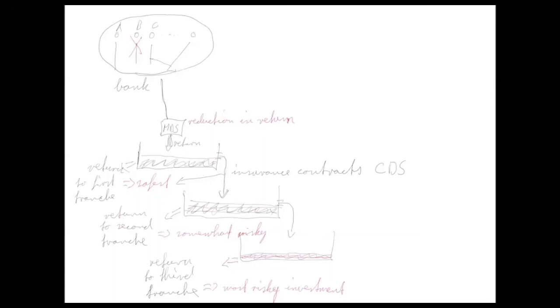The reason is because the structure of rating agencies is very strange. So basically, rating agencies receive money from the people who ask them to make the rating. And these are the issuers of the mortgage-backed securities.